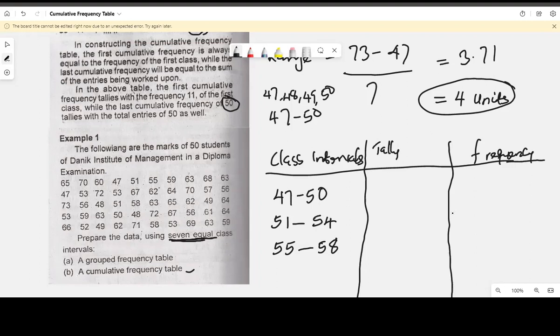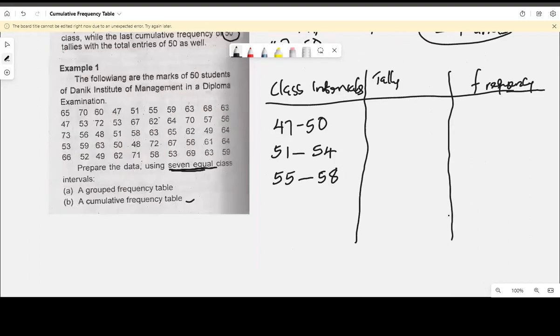Then after 58 comes 59, 60, 61, 62. So this one should end at 62. Then after 62 comes 63, 64, 65, and 66.